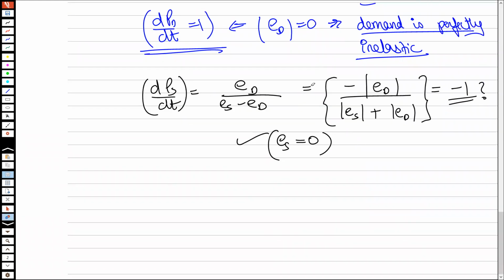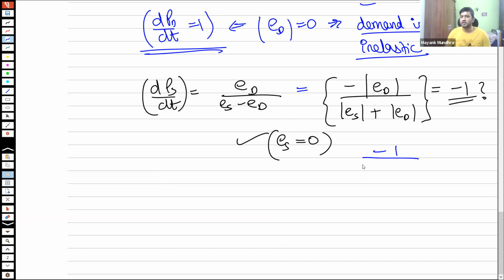Okay, when ED is 1, this becomes -1 upon mod ES plus 1, which is not equal to -1. I'm saying forget this. Don't hold this thing right now. That is correct. I want to look at demand. What happens to demand for this thing to be -1?